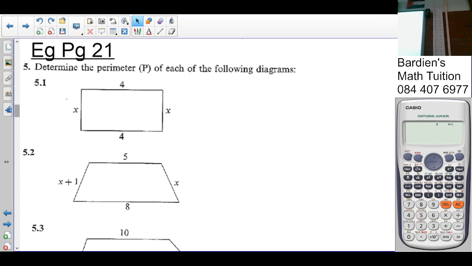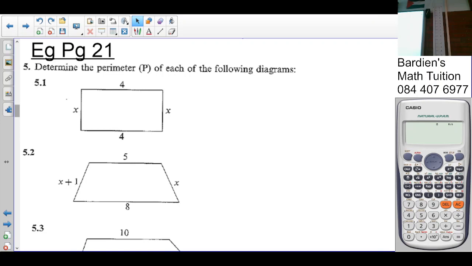What makes it a rectangle? Two sides are short and two sides are long. Okay, nice. But is that enough to say it's a rectangle?